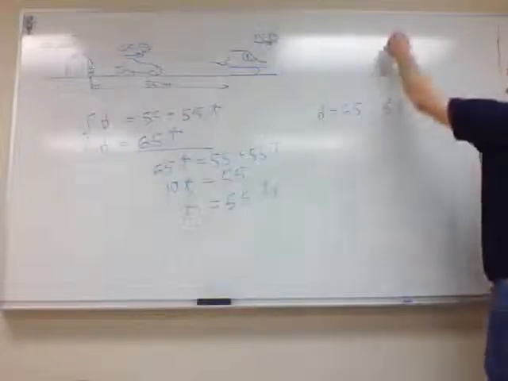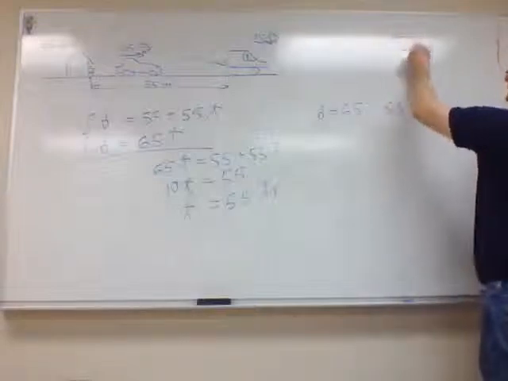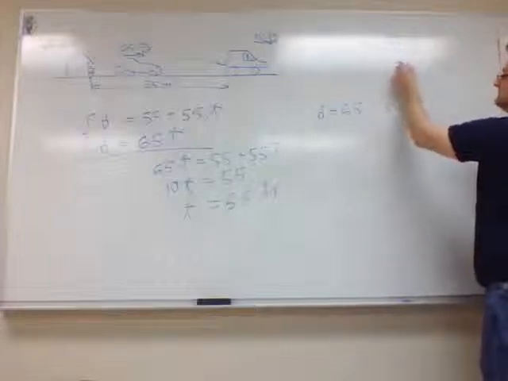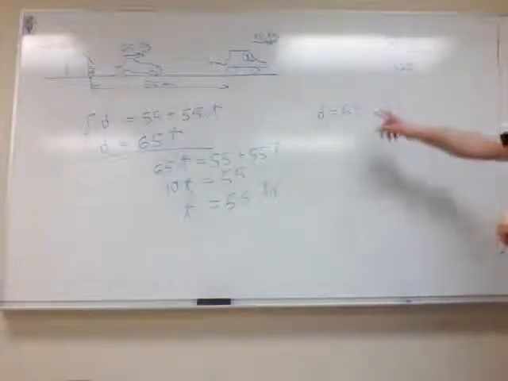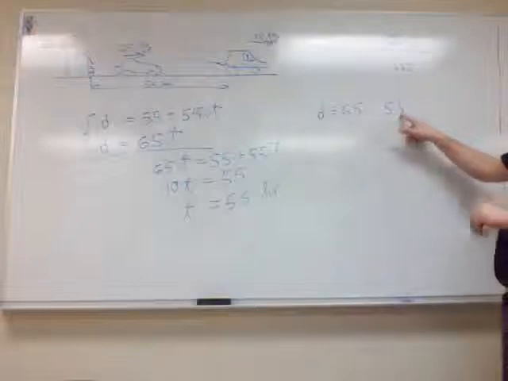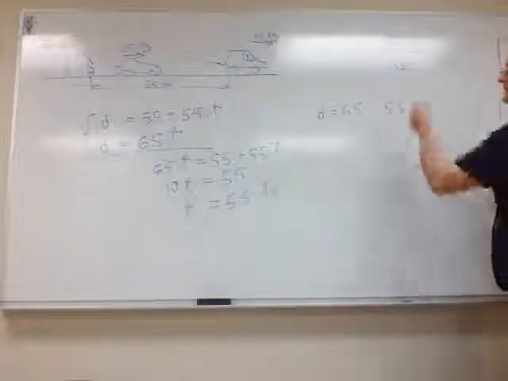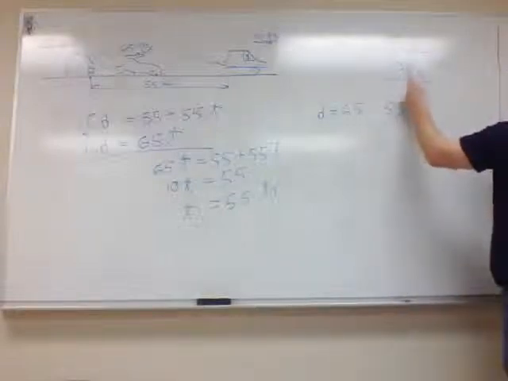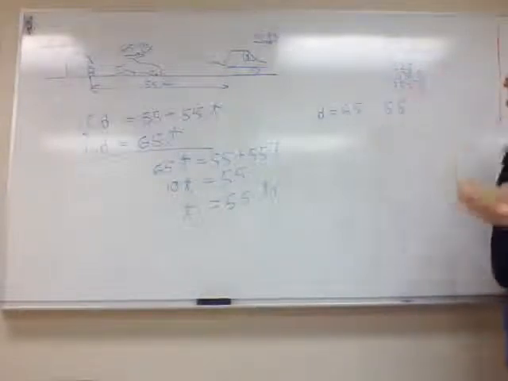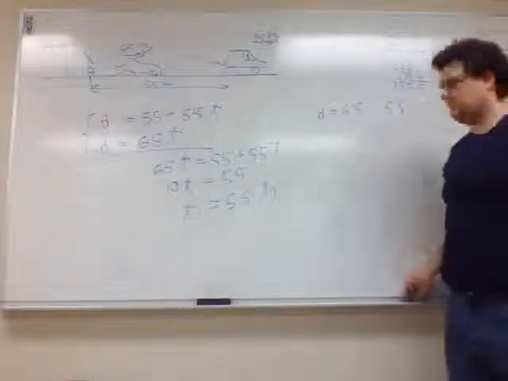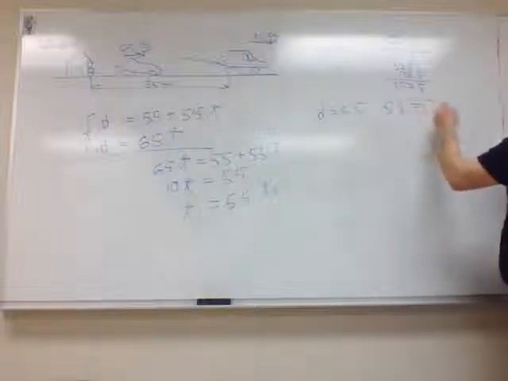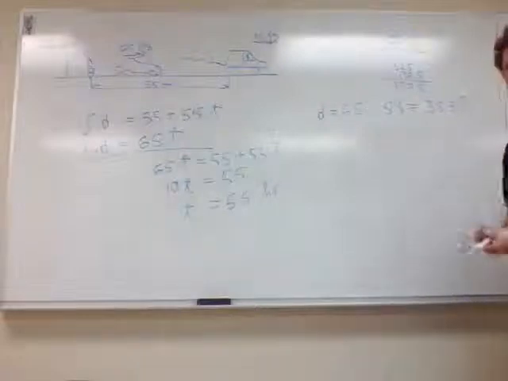Well, what's 65 times 5? It's 325. And 65 times 0.5 is just 32.5. So if you add these two, you are going to get 357.5 miles.